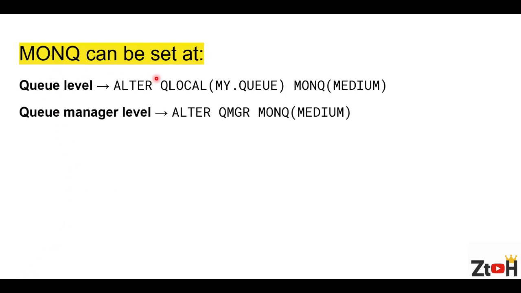MONQ can be set at queue level and queue manager level. At queue level we issue the command ALTER QLOCAL of queue local name MONQ of medium or high based on the project need. At queue manager level, we issue the command ALTER QMGR MONQ of medium or high.